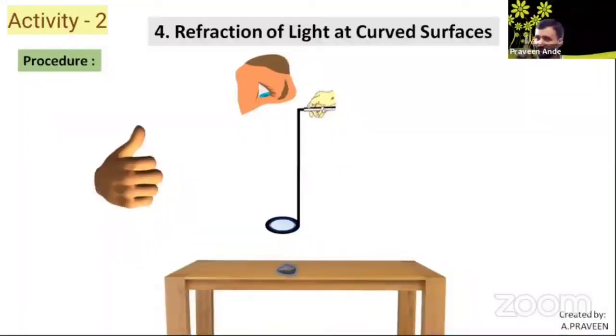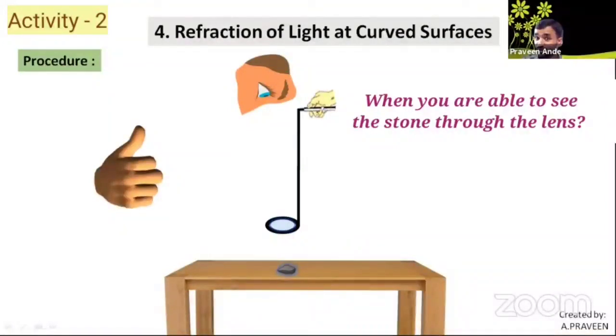Actually, with the double convex lens, according to your ray diagrams, where are you able to see that? The double convex lens gives a real image many times. Only in one condition it will give you a virtual image.